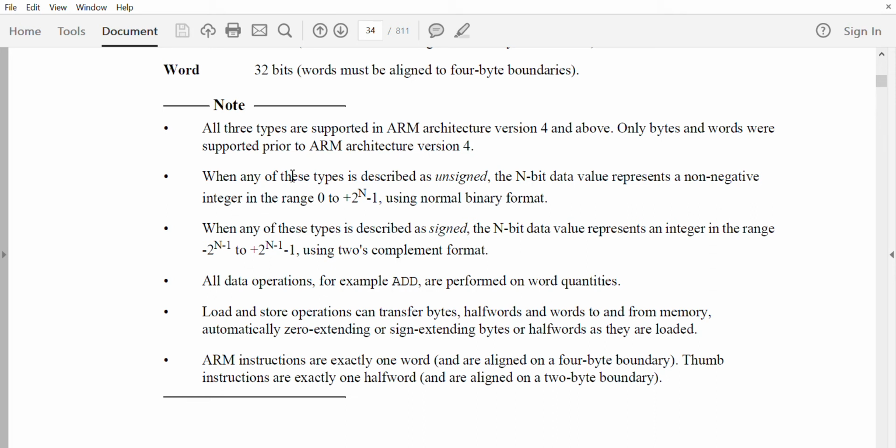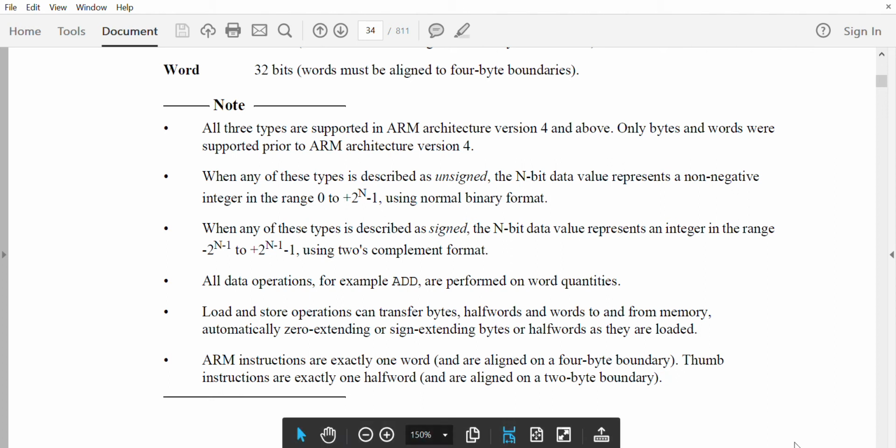You can have signed and unsigned, like in the case of 8051. Unsigned means there is no sign, and signed means you have a sign bit and it will be represented in 2's complement form, just like in the earlier case we studied.